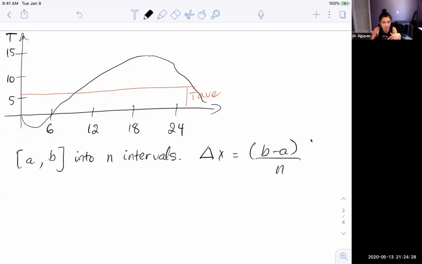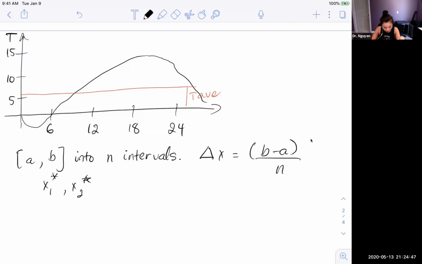We learned about this, right? So delta x is just b minus a over n. And then we choose points like x1 star, x2 star, x3 star, and so on. And then we try to calculate the average.